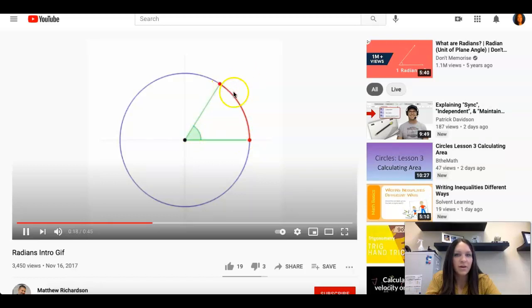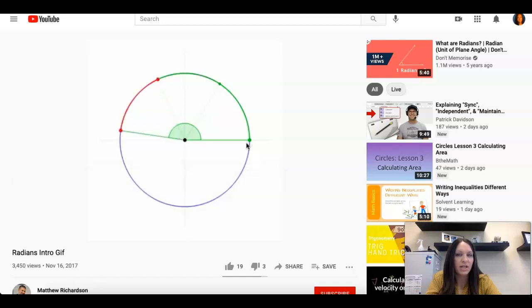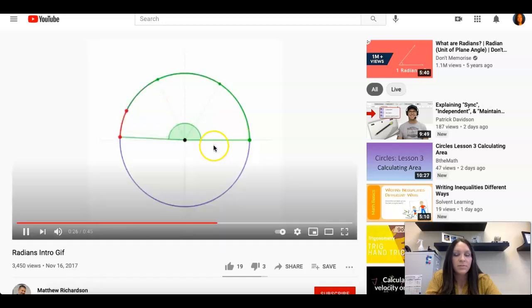And that arc length makes an angle, which we call a radian measure. So if you go halfway through a circle, we have pi radians, so that's 180 degrees, and all the way around, 360, is 2 pi radians.